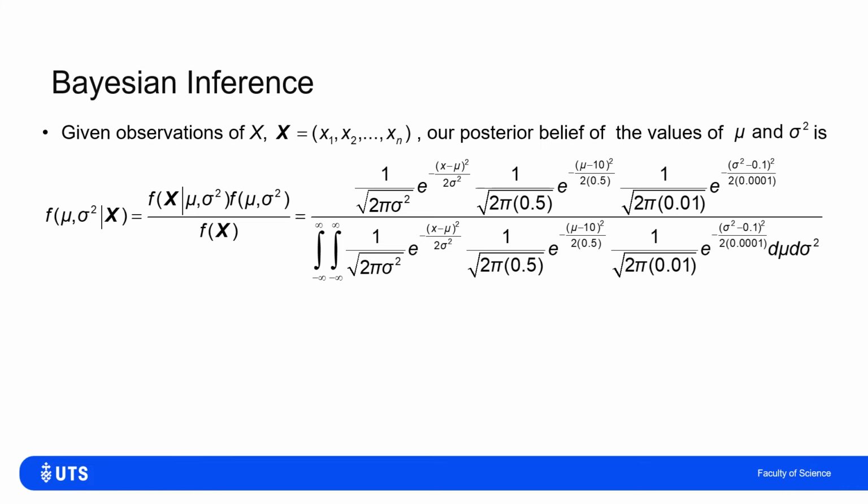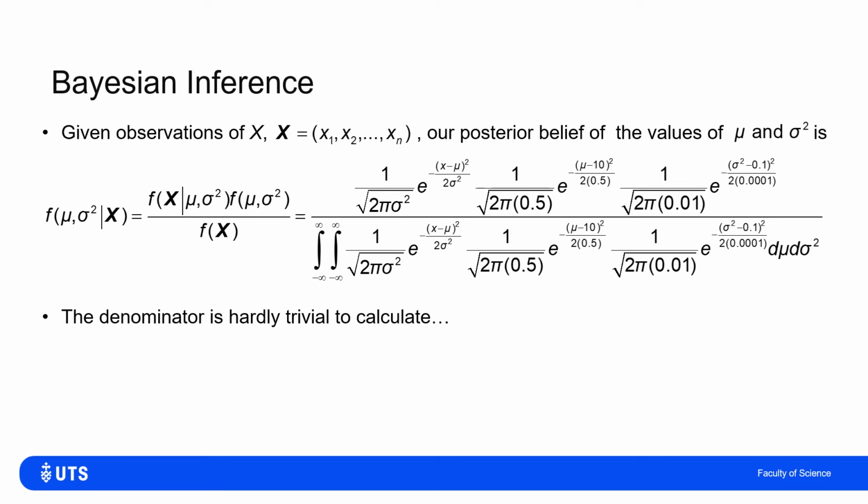When I write the model out, I have this product on the top, which is absolutely awful, and then I have to integrate out over all of those uncertainties in the bottom. So yes, I realize a lot of square root of 2 pi's can cancel, but that is not a calculation which I want to be doing anytime soon. Even that simple model gets very ugly very quickly.